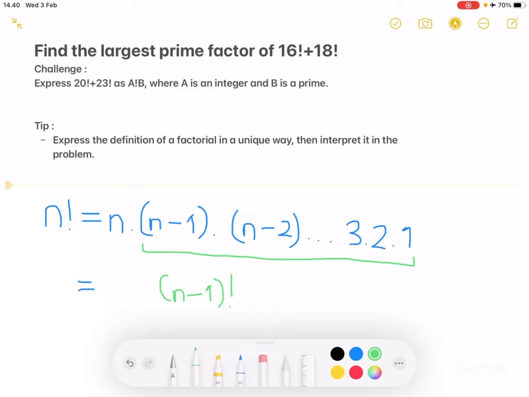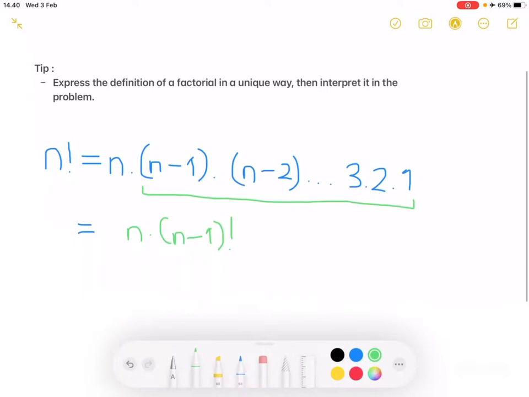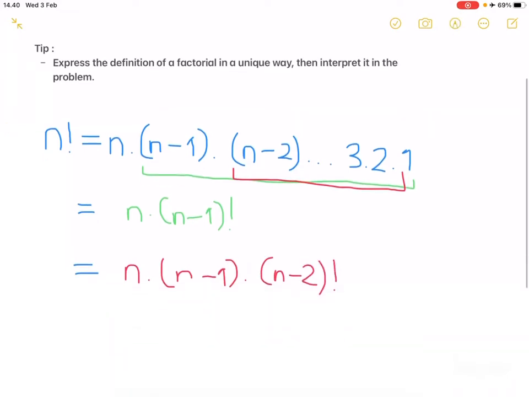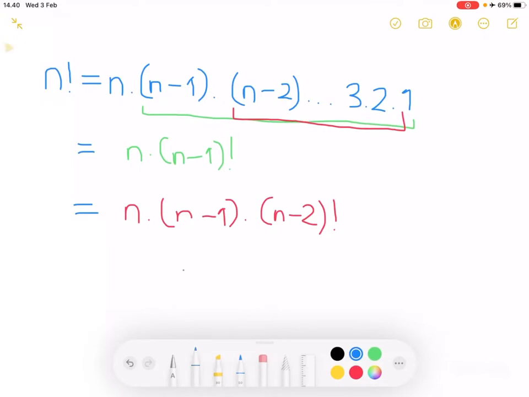So we can look at this in various ways using this technique. You can also look at this product right here, n minus 2, and say this is just n times n minus 1 times n minus 2 factorial. And then you can just do the same thing all over again.